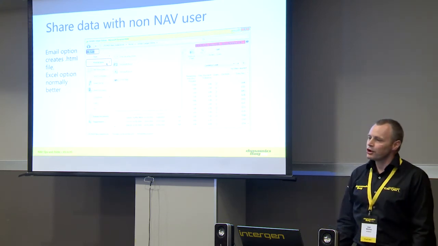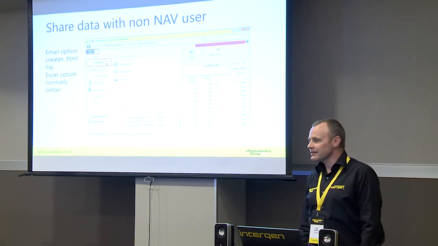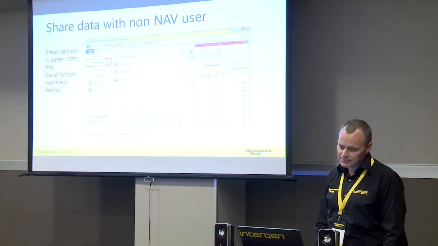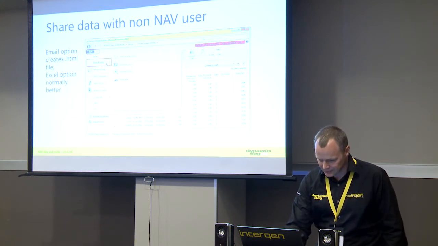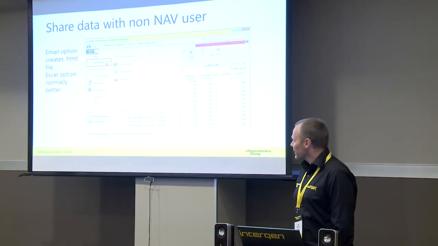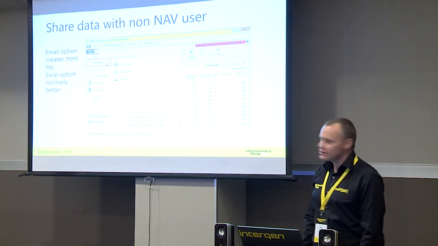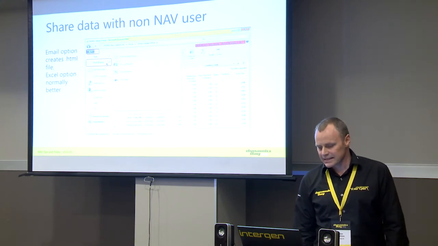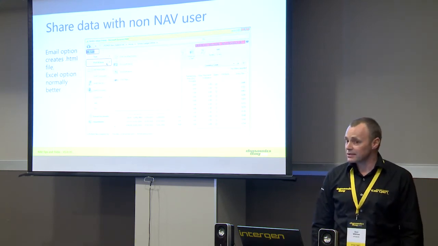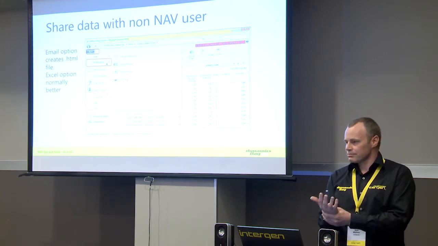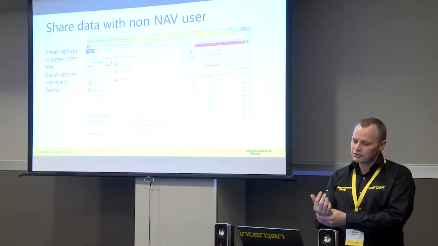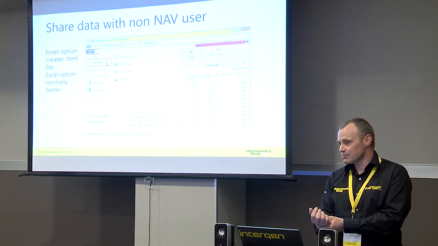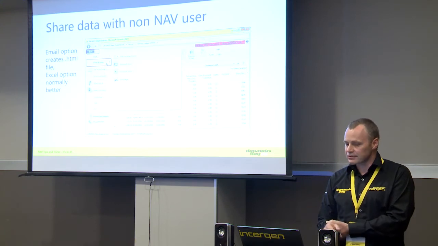Sharing data with a non-NAV user, someone who doesn't have access to the system. We have this button here, the top one circled, that gives you the menu below, and you've got Print and Send, and then you can choose Email as Attachment, and that will open up your mail with an email all ready to go with an HTML attachment of the data that's on that screen.